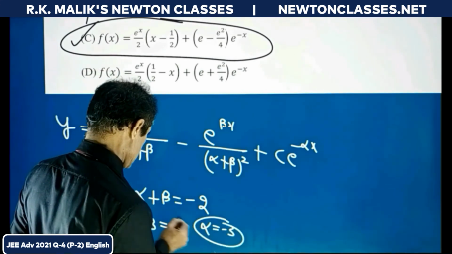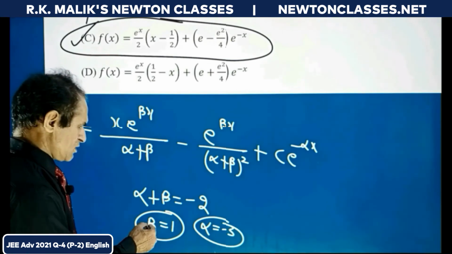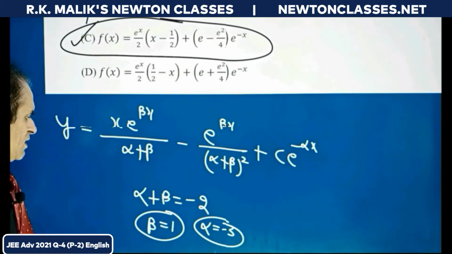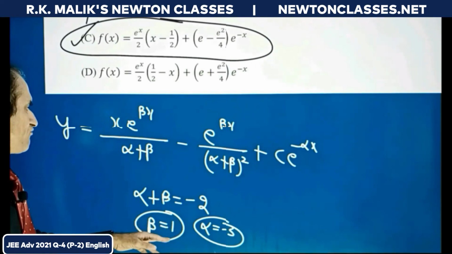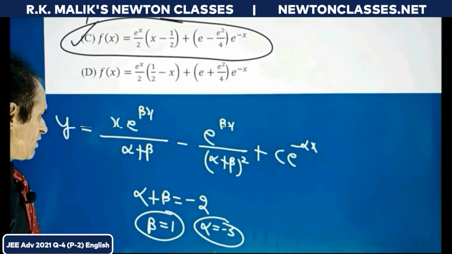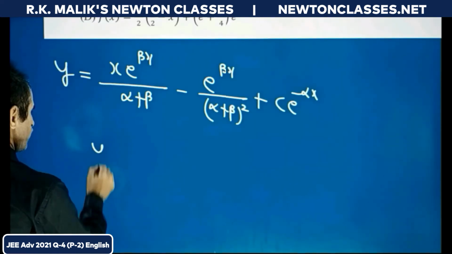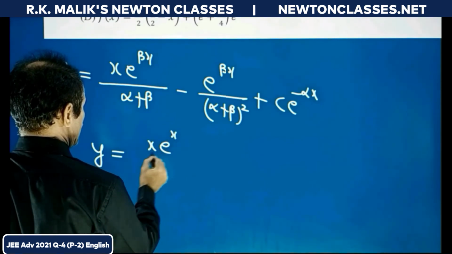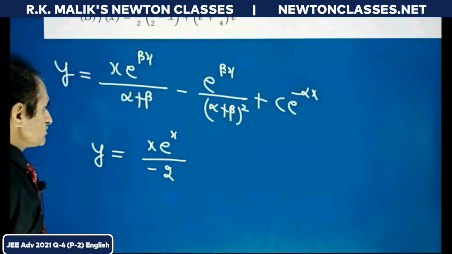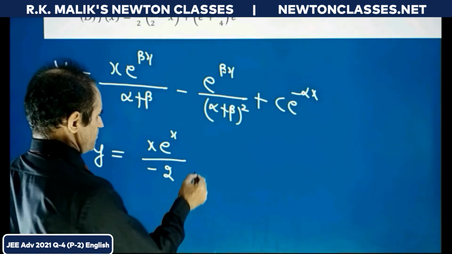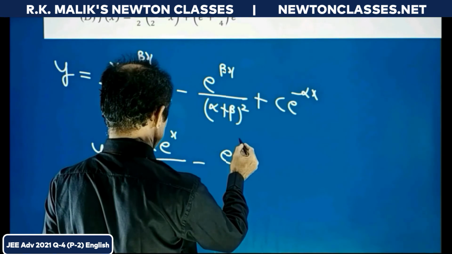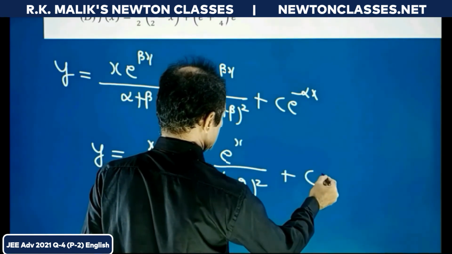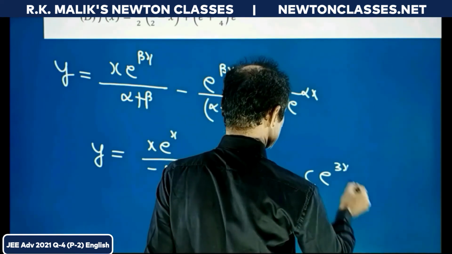Now we will have to check for this value of alpha and beta, can this be converted to this or not. And if we put this value of alpha and beta here, see what happens. I get y is equal to x e to power x by minus 2 minus e to power x by minus 2 square plus c e to power 3x.